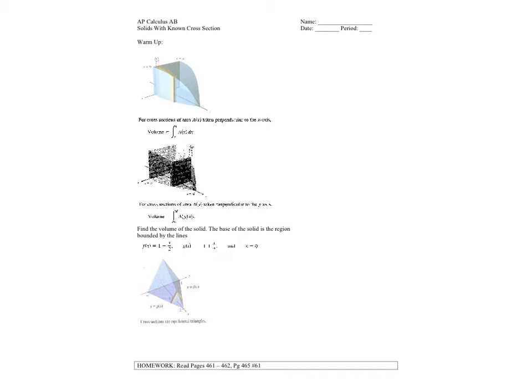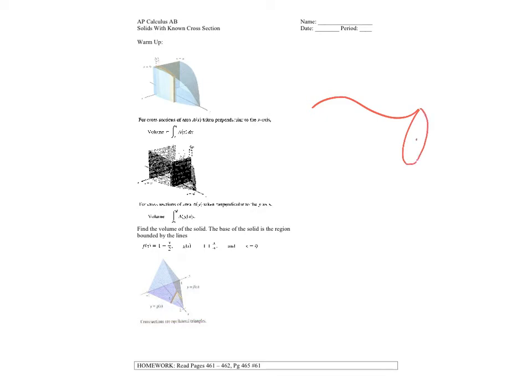Okay, and if you think about it, if we were to cut those objects, the cross section of it would be a circle every time, right? Think about even the functions that we were dealing with. Here we have this. We revolve that around the x-axis.